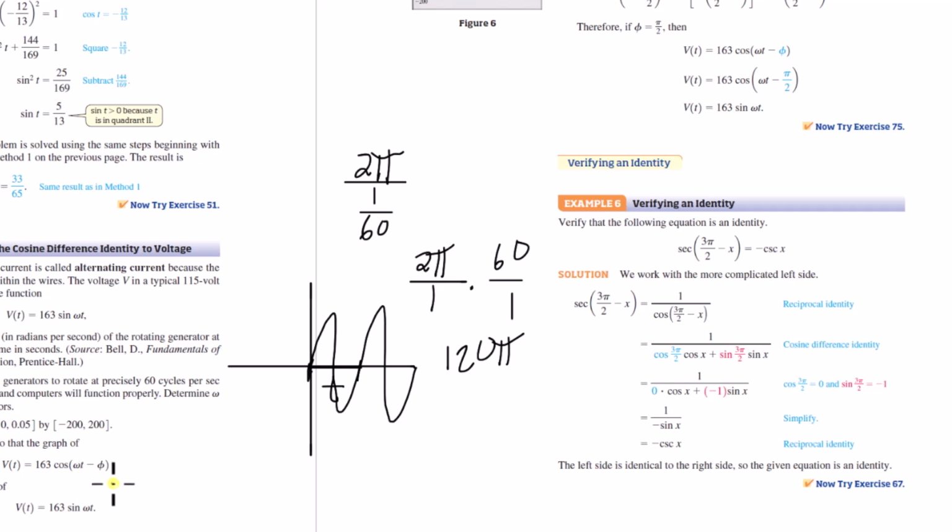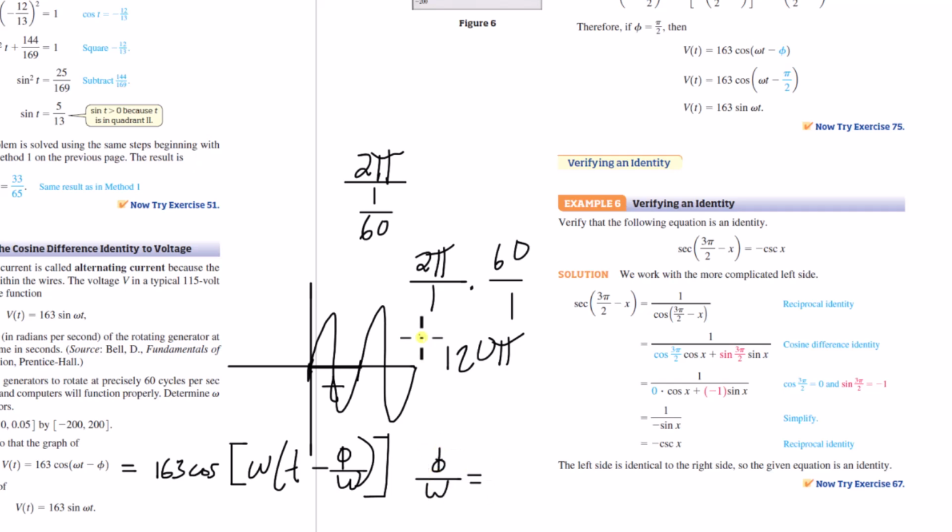You could do it by just applying a shift. We'd have to write this as 163 cosine of omega t minus psi over omega. And therefore, we want to make psi over omega equal to a quarter of a 60th, because that's a quarter of the period.